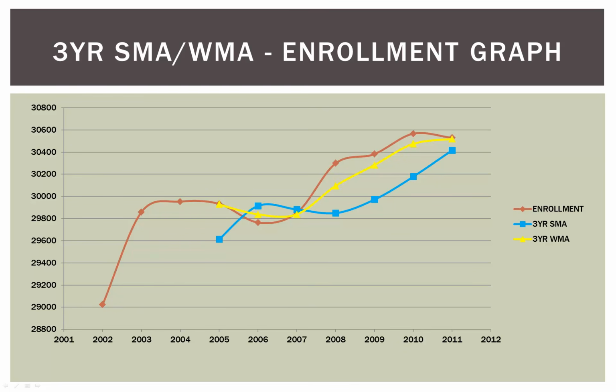So if we look at the flow of our 3-year weighted moving average, we can see that it's even smoother than the simple moving average and much smoother than the actual enrollment data. Now notice that the 3-year weighted moving average follows the enrollment much more closely. It's much closer to the orange than the blue is.